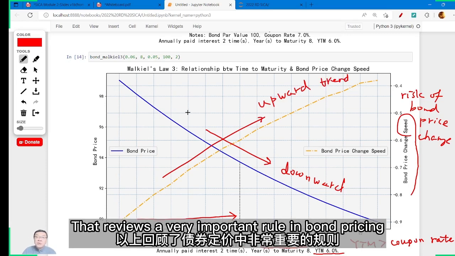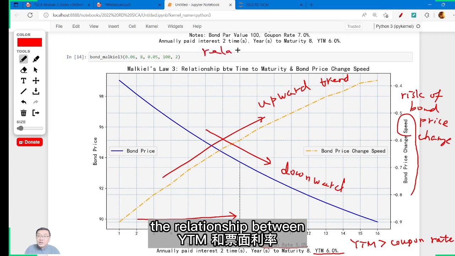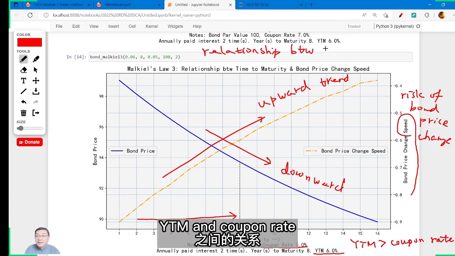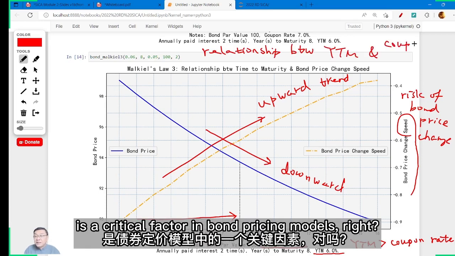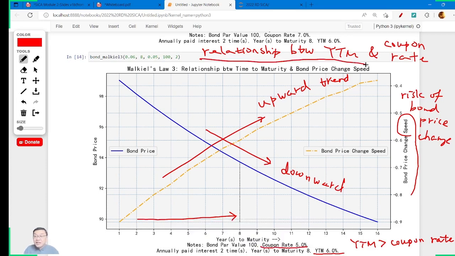That reveals a very important rule in bond pricing. The rule is that the relationship between YTM and coupon rate is a critical factor in bond pricing models, right? The relationship between YTM and coupon rate.